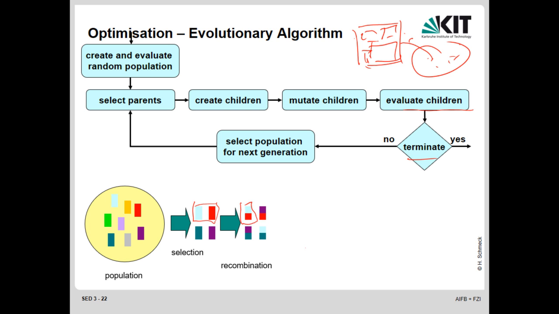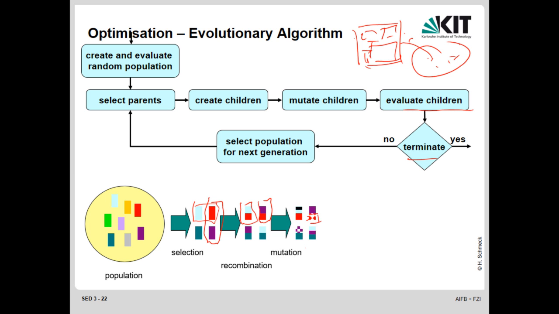And if we combine those two here, we could get children having components from those two, and so on. Different possible combinations. Then we mutate, which means that all of a sudden we have new information in there, information that was not present in the old population.